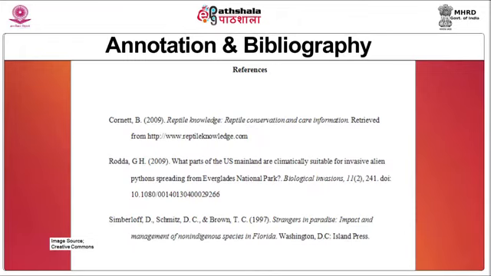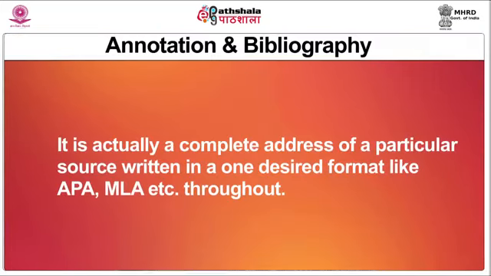It is the entire bibliographic information through which a source may be located. It is usually a complete address of a particular source written in one desired format like APA, MLA, etc. throughout.